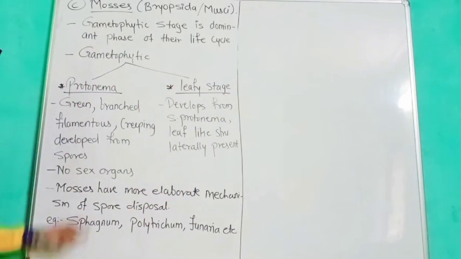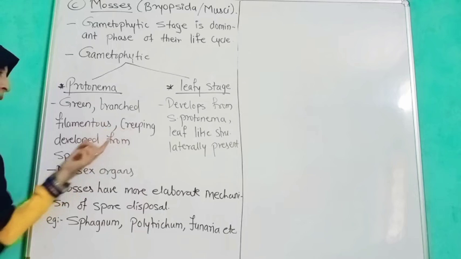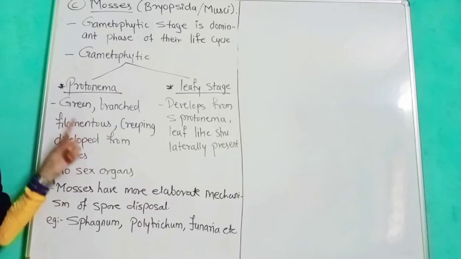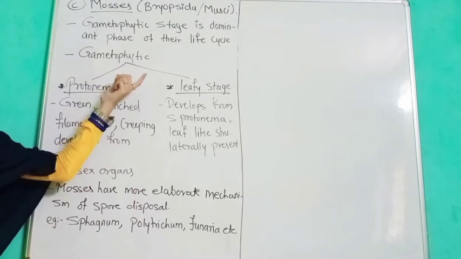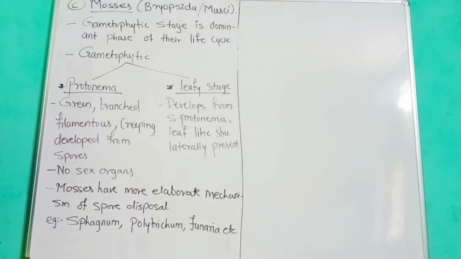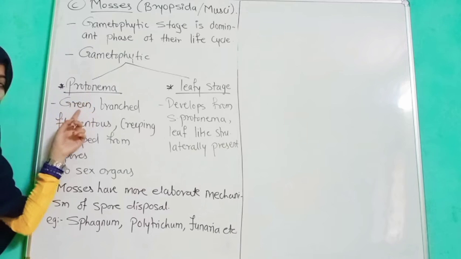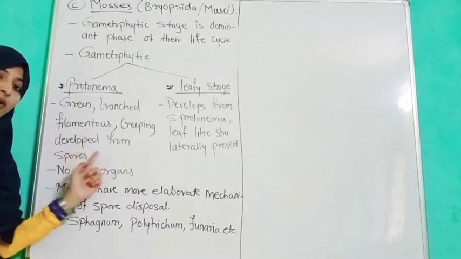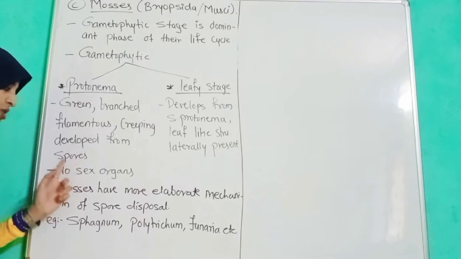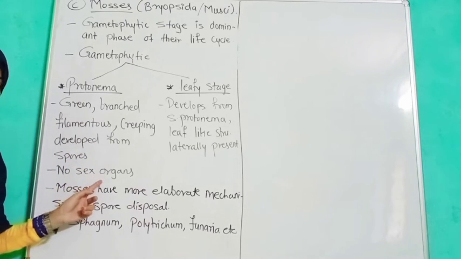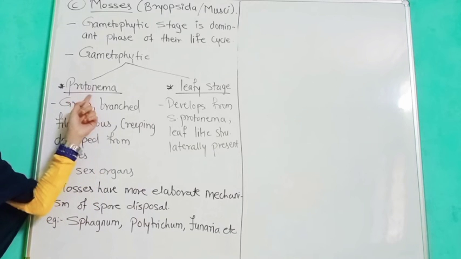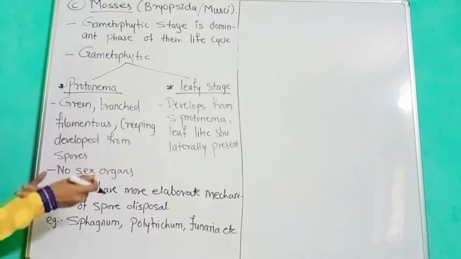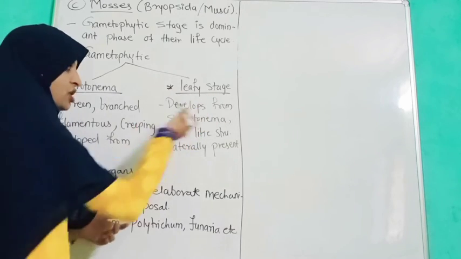The first stage is protonema, a green, branched, filamentous, creeping stage developed from haploid spores. There is no sex organ present in the primary protonema, and from the secondary protonema the leafy stage develops.